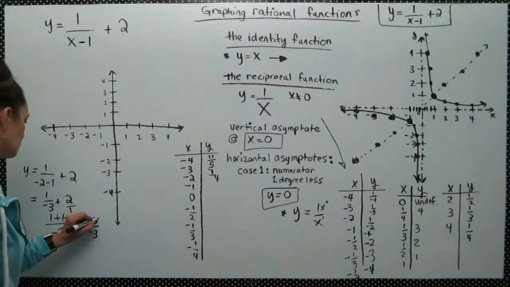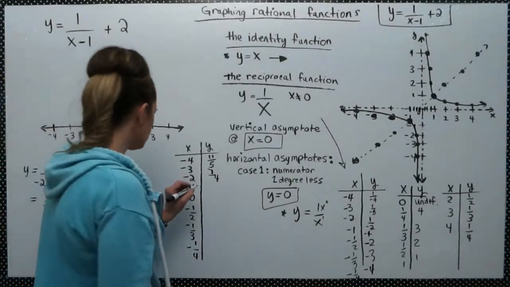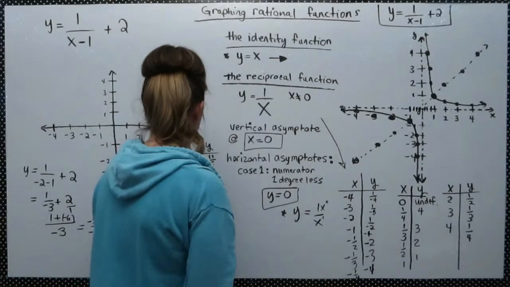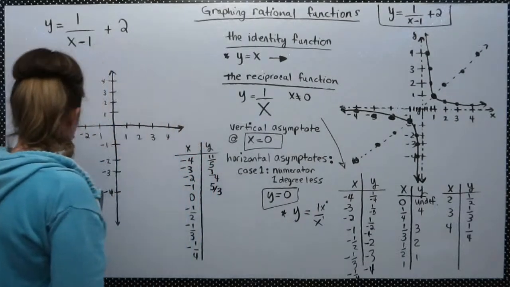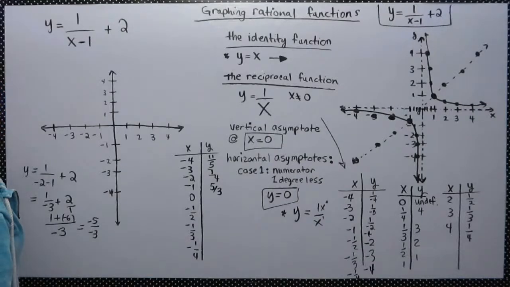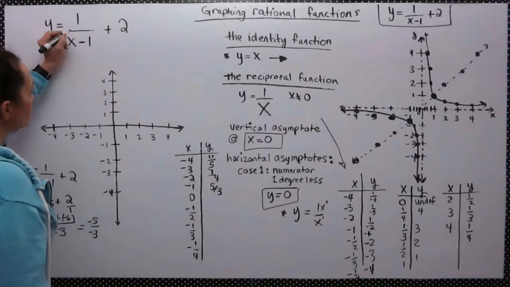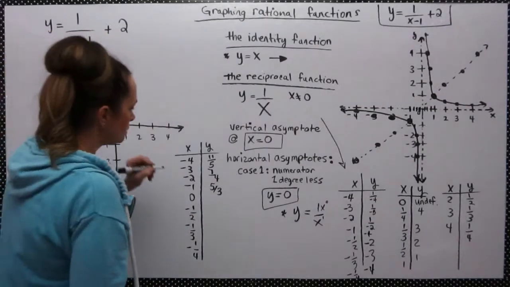So that's real close. That's right under 2. So it's going to be a positive 5/3. And then 0 would be a lot easier number to evaluate. When you plug in 0, you just get 1 over -1, which is -1, plus 2 would be 1.